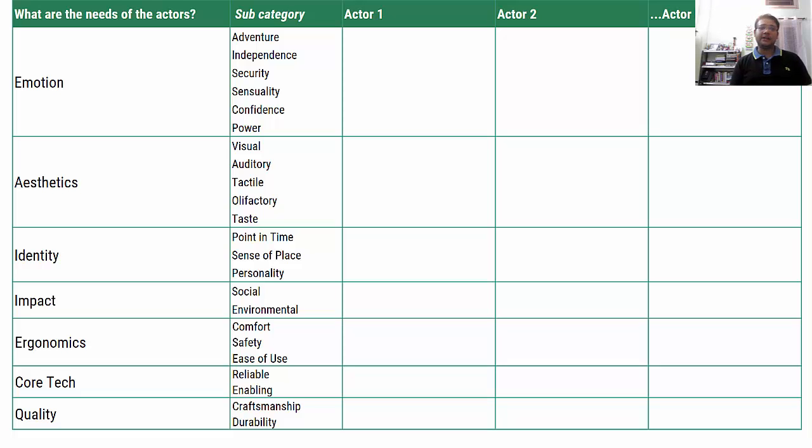There is a subcategory of actors, and then the way to use this tool is for each of the actors identified using the Awesome Actors tool, the designer lists down the kind of need that each actor has, and finally based on this identifies what are the needs to be fulfilled by an intervention.